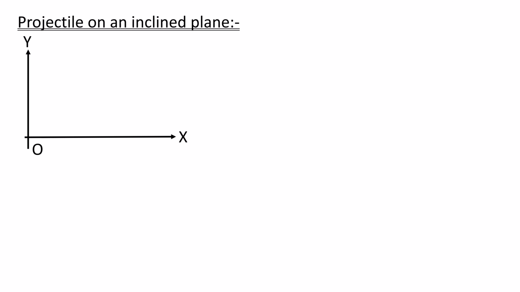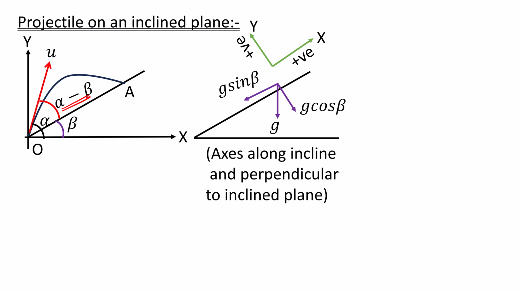Projectile on an inclined plane. This is an inclined plane, inclined at an angle beta with the horizontal, and the projectile is projected at an angle alpha, which lands at A. The angle of projection with the inclination is alpha minus beta. This is the direction of g.